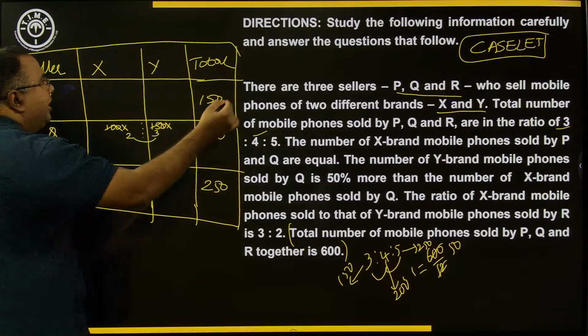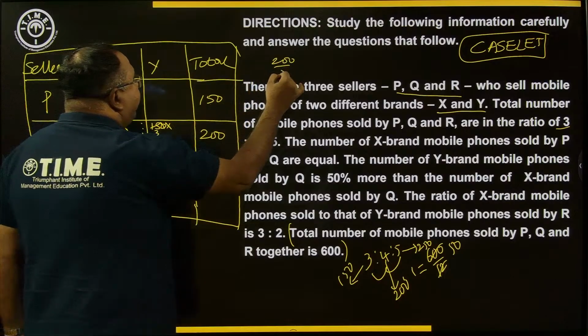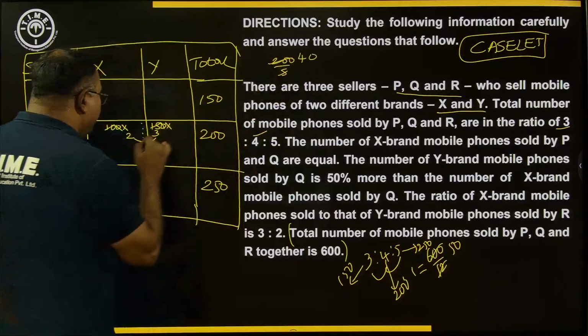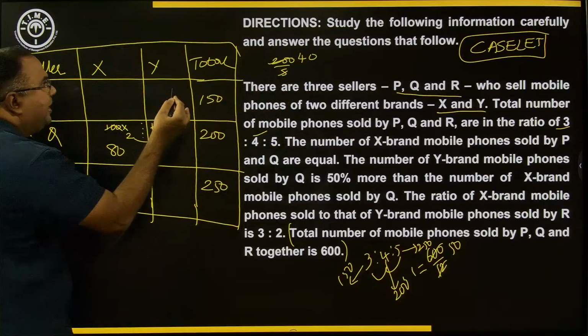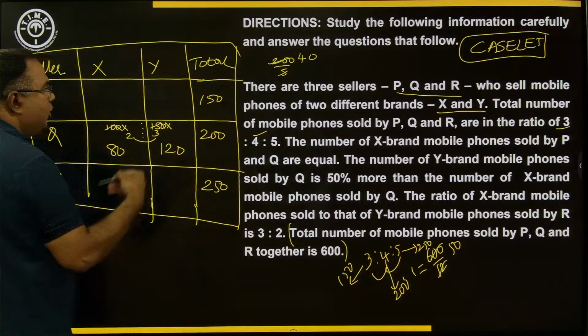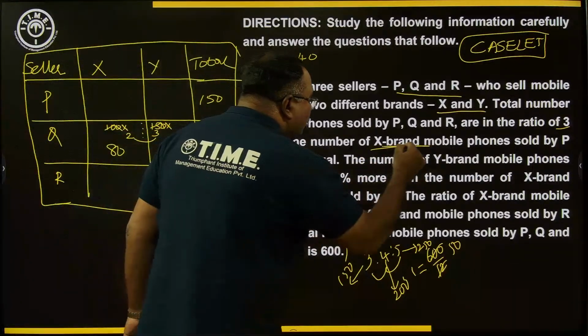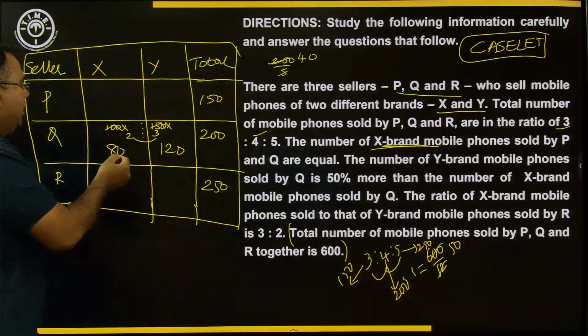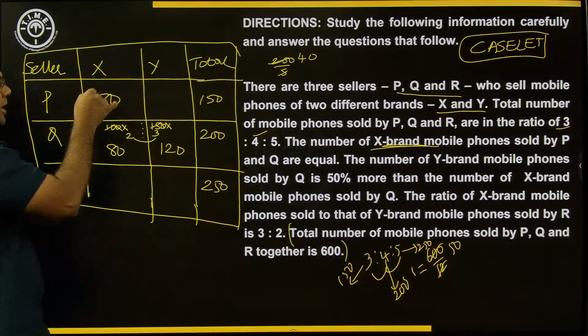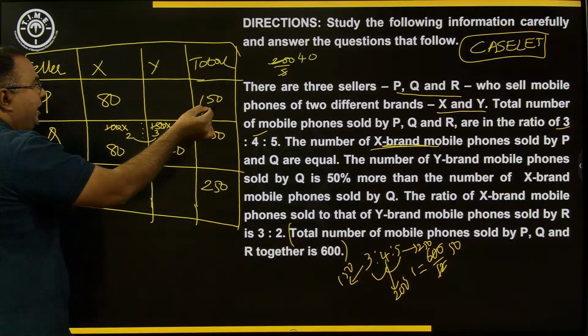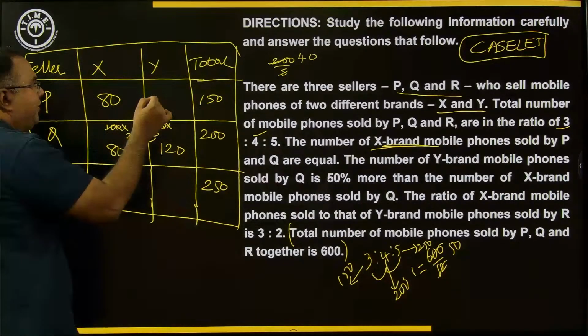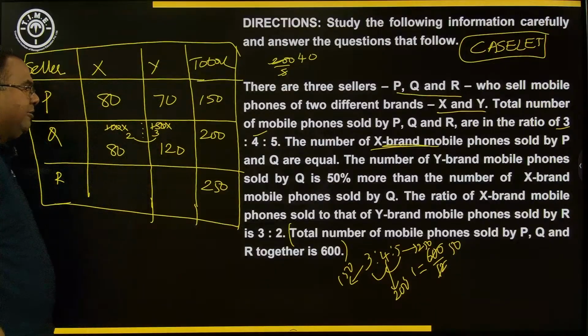Each part is 200 by 5, which is 40. So 2 parts is 80, and 3 parts, 3 into 40, is 120. Total 200. Then I have read one more point here: brand X sold by P and Q are equal. Q is 80, so this has to be 80. So for P, total 150, 80 are brand X, 150 minus 80, 70 are brand Y.